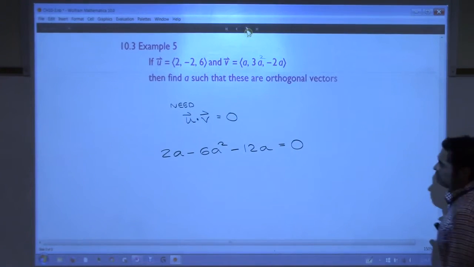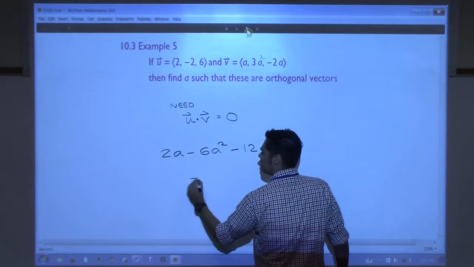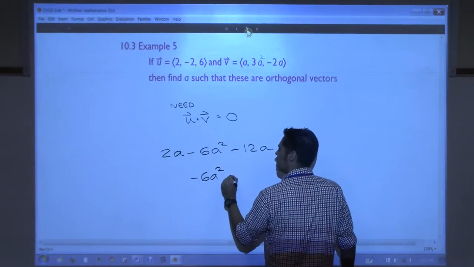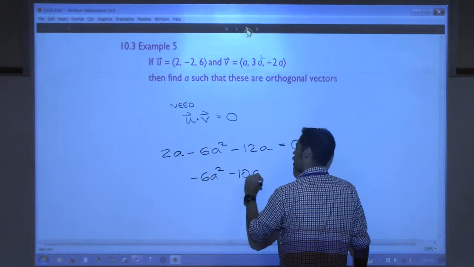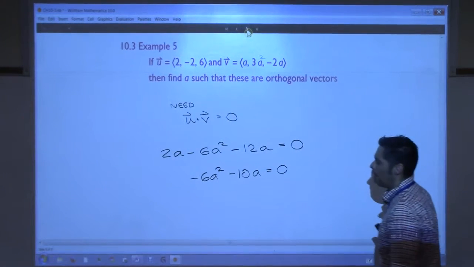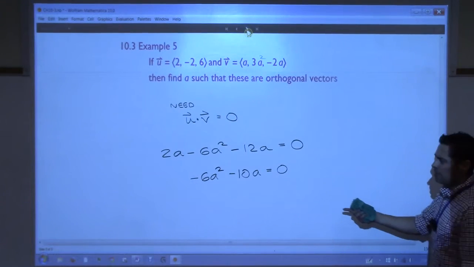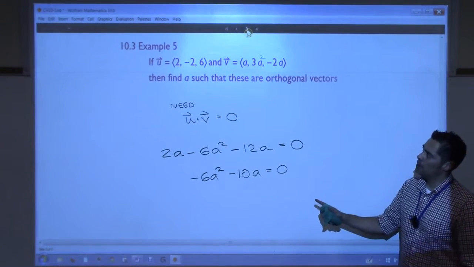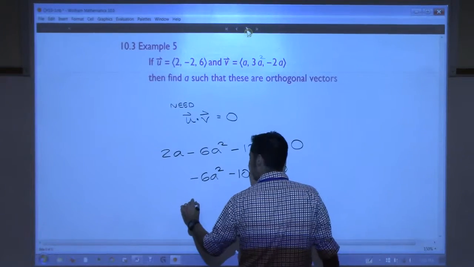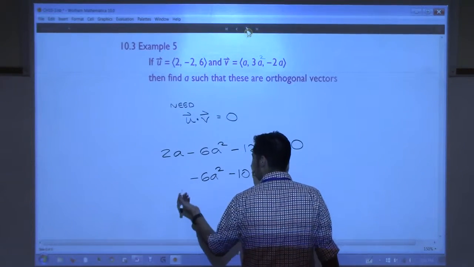Let's see. I don't know if we're going to be able to get this. This is negative 6A squared minus 10A equals 0, combining like terms. And this is a quadratic. It factors pretty easily, doesn't it? What do you want to factor out?